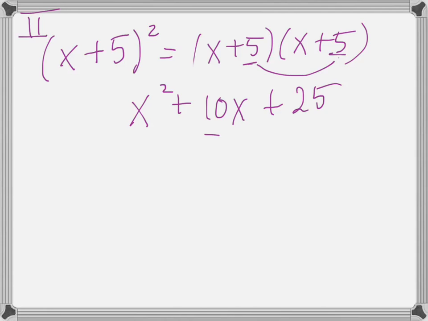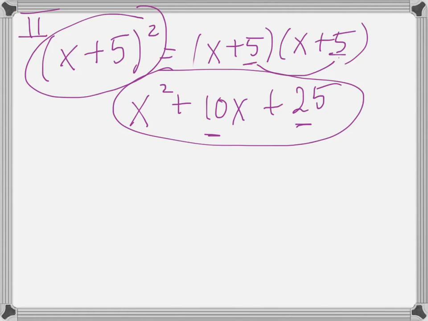Okay, but what you'll notice is that I can go directly from this form into this form without doing this intermediate step, by looking at that 5. If I double the 5, I get 10, and if I square the 5, I get 25.